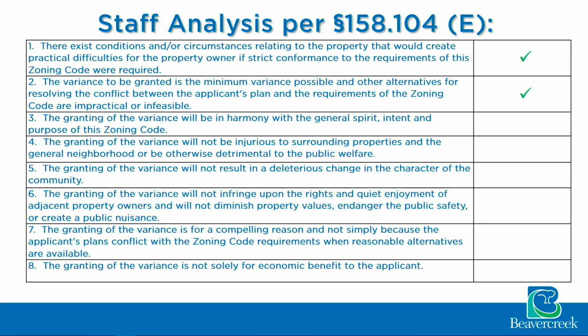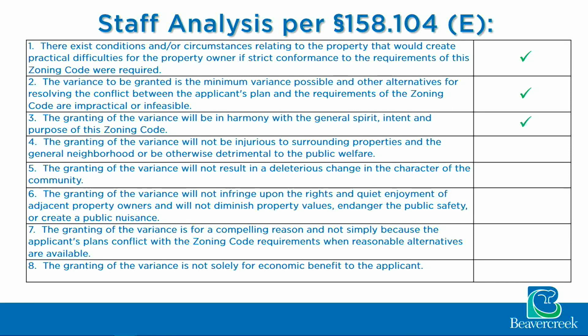They're saving the majority of that rear yard green space behind the structure. There's still going to be nearly 24 of the 30 feet available for open green space. So, staff believes that probably is the minimum variance possible.